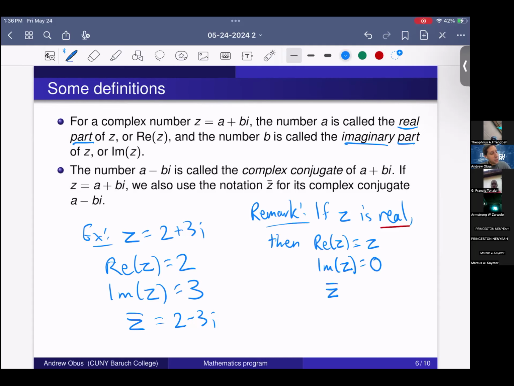And then the complex conjugate of Z, well, if Z is like 3 plus 0i, then its complex conjugate is 3 minus 0i, which is the same as 3, right? They're all the same. So for a real number, the complex conjugate is just equal to itself. Okay, right? For instance, 3 plus 0i complex conjugate is equal to 3 minus 0i, but both of these are just equal to 3. Okay. So the complex conjugate is just equal to the number itself. Questions about this?